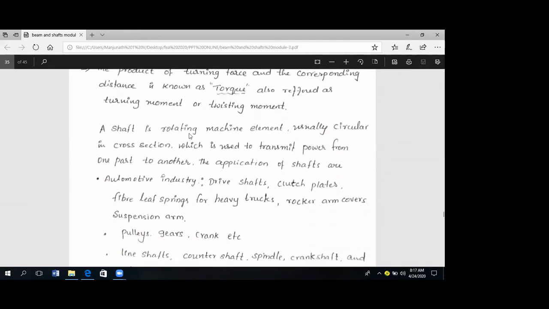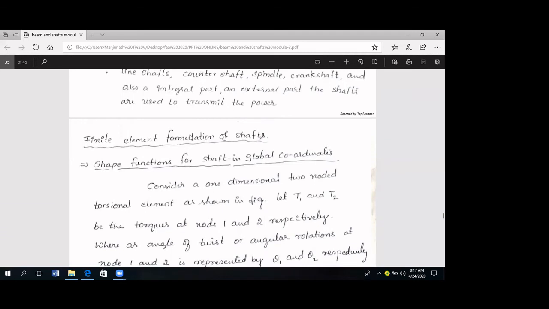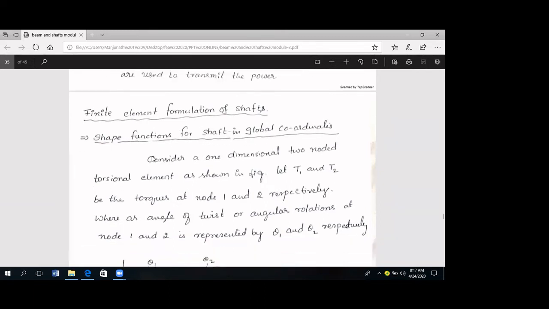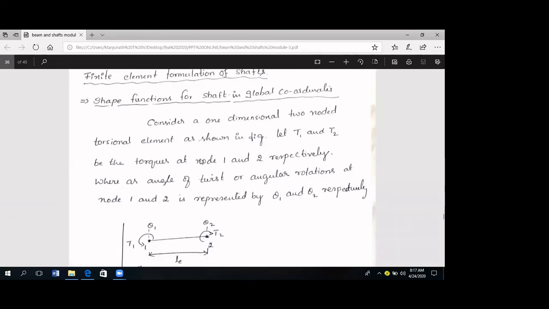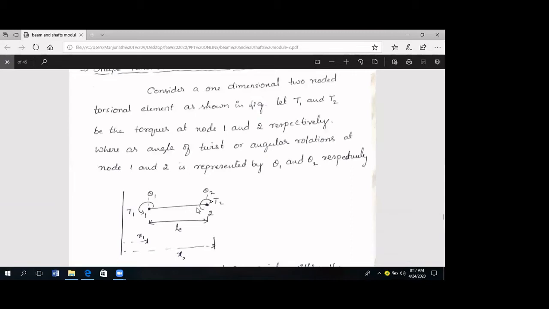Then first we are going to take the shape functions for the torsion of shafts. The shape functions for the shaft in the global coordinate system we discuss now. Similarly, we can also have the shape functions in the natural coordinate system. First consider a one-dimensional two-noded torsional element, which has two nodes, node number 1 and node number 2, as shown in the figure.